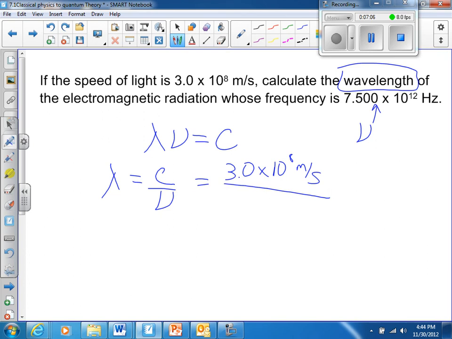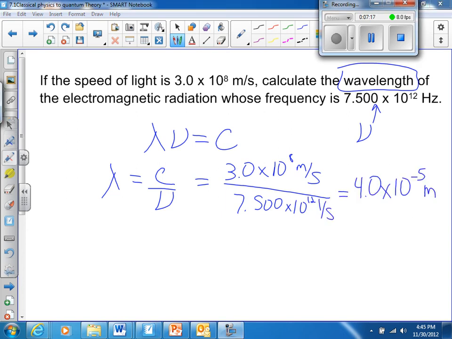Frequency is 7.500 times 10 to the 12th hertz. Now remember, hertz is 1 per second, and that equals 4.0 times 10 to the minus 5 meters. I kept 2 sig figs because of this. And notice I have per second in the numerator and per second in the denominator, so those cancel, and I get my final answer.